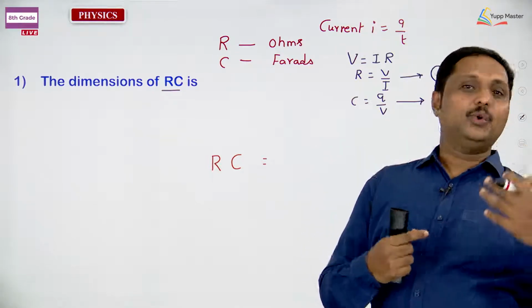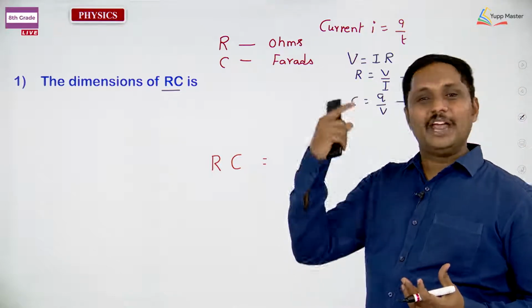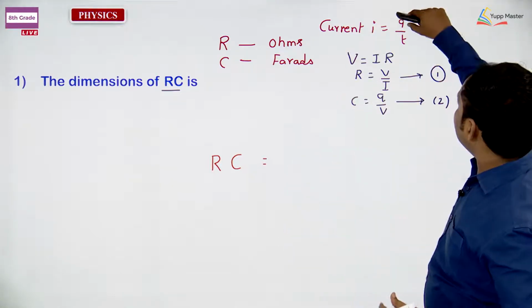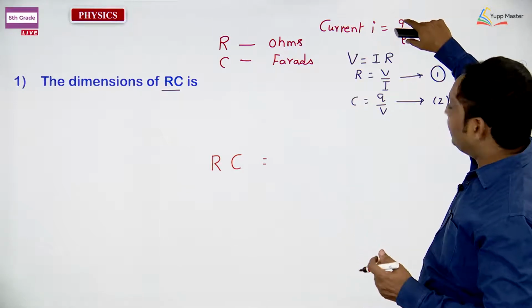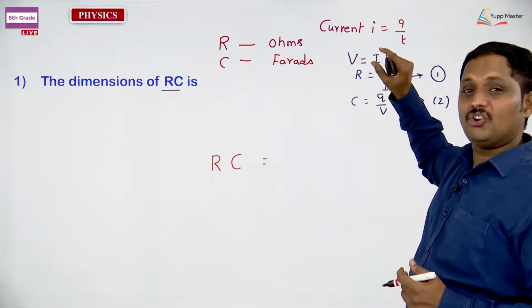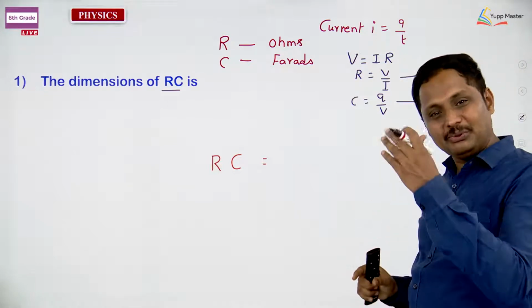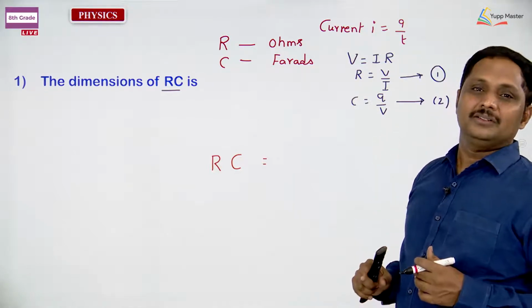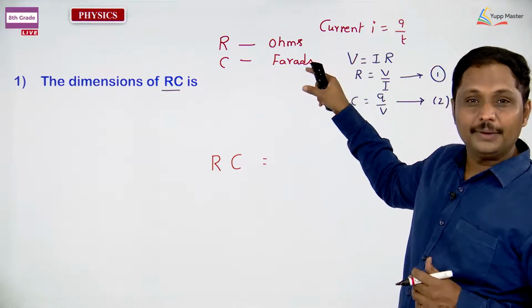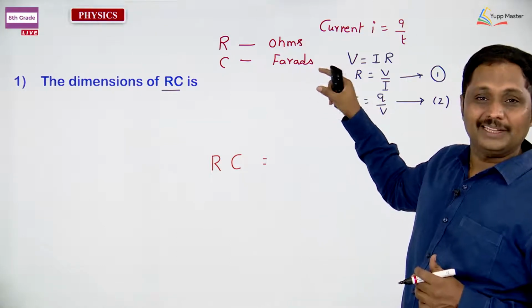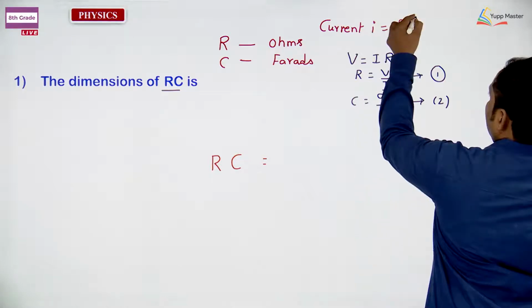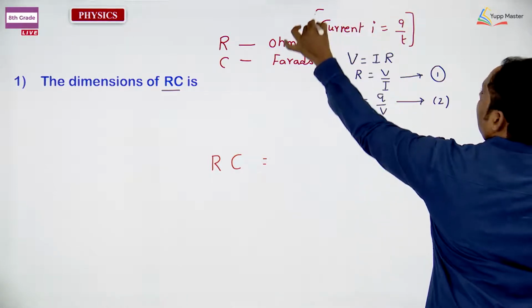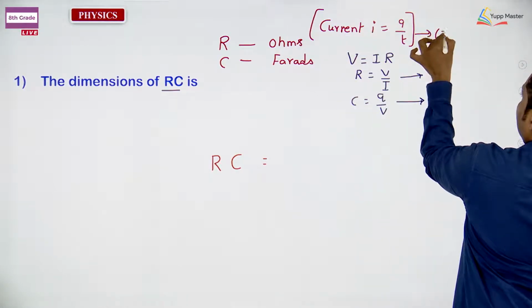By applying a 1 volt potential, that current is 1 ampere. Charge has been transferred in a time interval of t. Very clear. Now you know that current I is equal to Q by T. This is equation number 3.